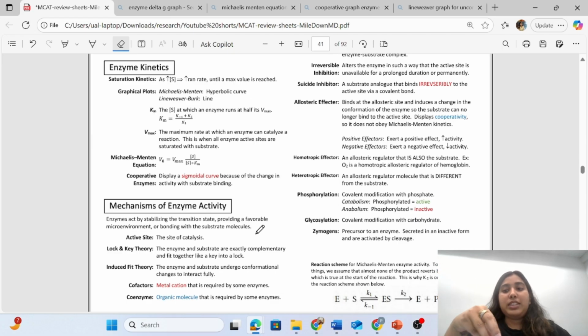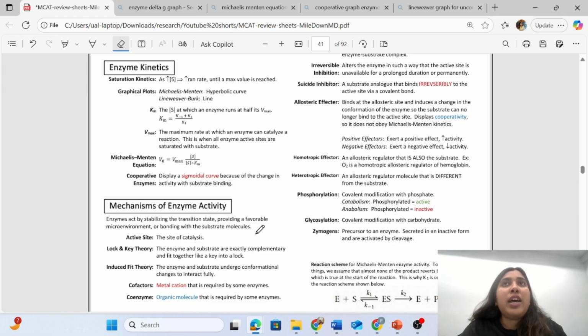So for example, if you have 10 enzymes and one substrate, one enzyme and one substrate will bind to each other and it will increase the speed a little bit, right? Or if you keep increasing the substrate number, say 2, 3, 4, 5, and you have 10 enzymes, then as you increase the number of substrates, the velocity of the reaction increases, right?